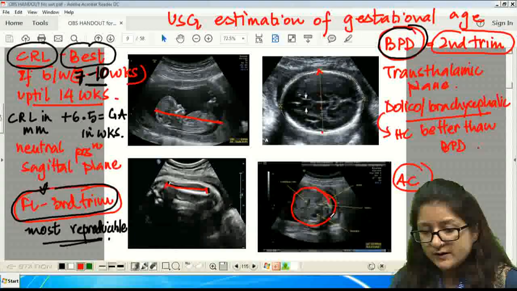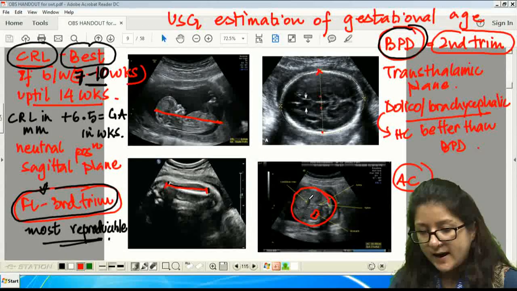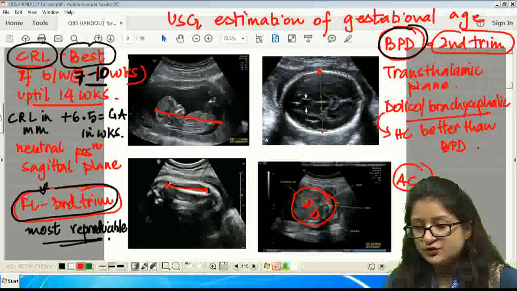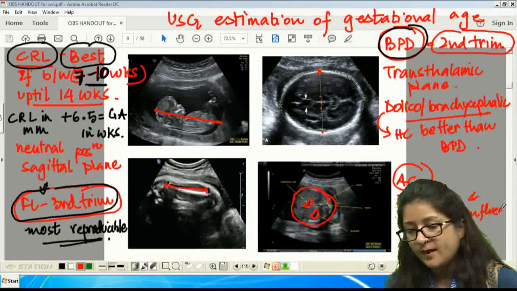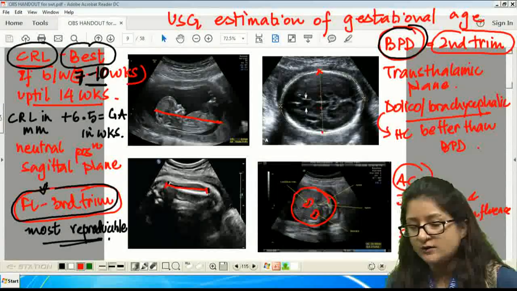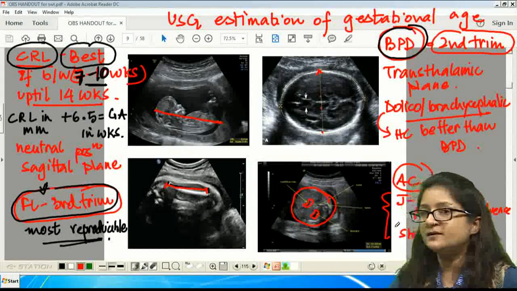What is important to remember here is one hypoechoic round structure and a J-shaped hypoechoic structure. This J-shaped hypoechoic structure is the umbilical vein and portal vein confluence, and the stomach. They are seen on this plane, and that is the abdominal circumference.